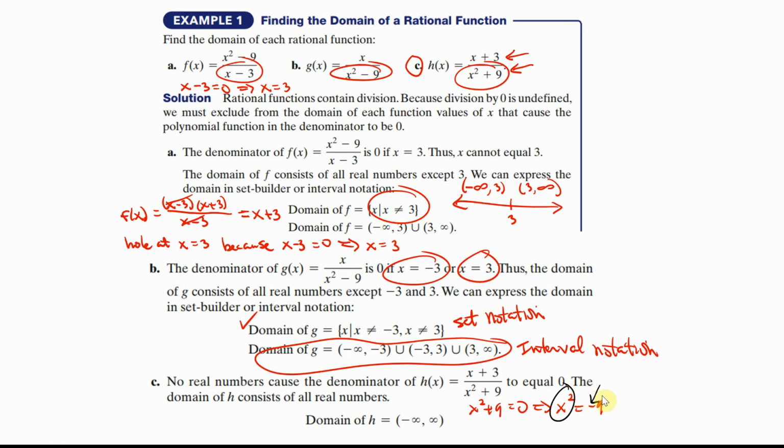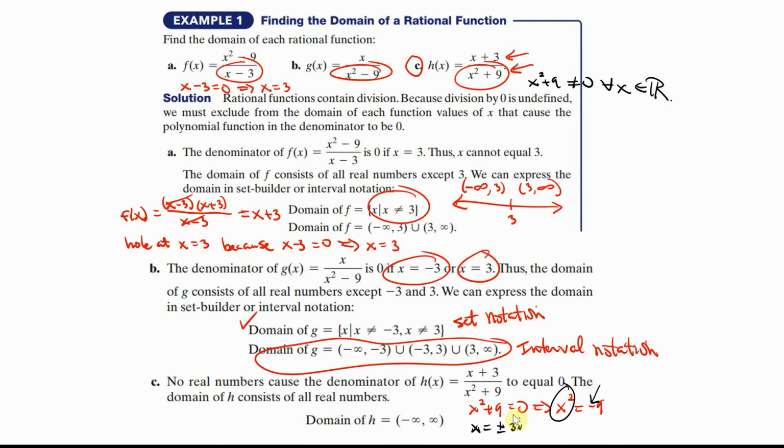You know that's impossible because if you keep on solving, take the square root of both sides, you get x equal to plus or minus 3i. So that's imaginary. We don't have any real values for x. So for this one, there is no x value such that x squared plus 9 is equal to 0. We say that x squared plus 9 is never equal to 0 for all x that's real.